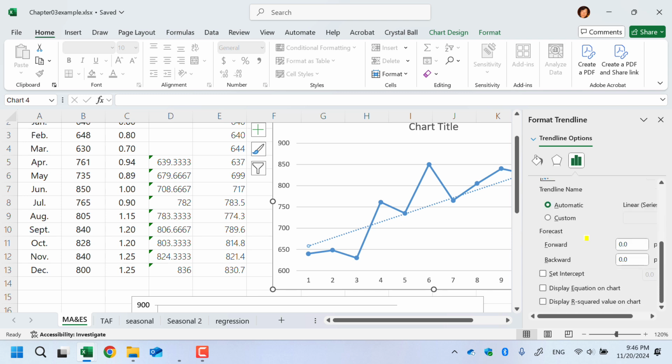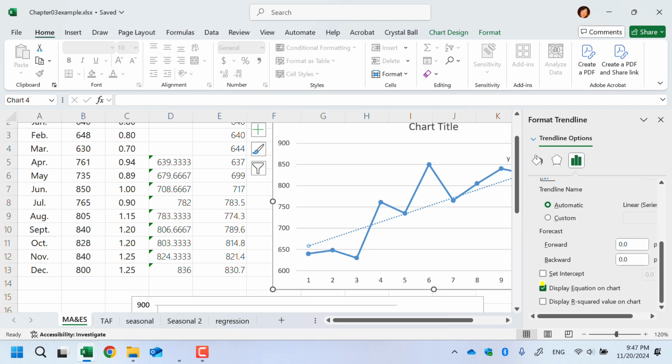And also you can choose option display equation on chart. So in forecasting, I don't care if there's a high R square or not. Higher R square, that's better, but I'm trying to capture the trend. So R square is not that important here.